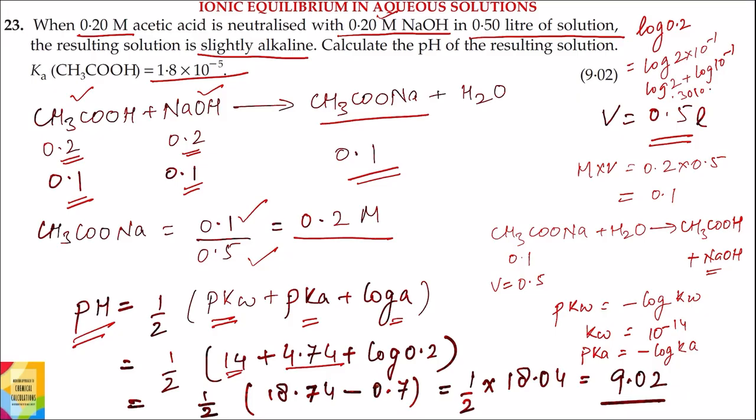So, 0.3010 minus 1 will be equal to minus 0.699, which can be written as approximately minus 0.7. So, half into 18.74 minus 0.7 will be equal to half into 18.04. Therefore, the pH of the solution will be 9.02.